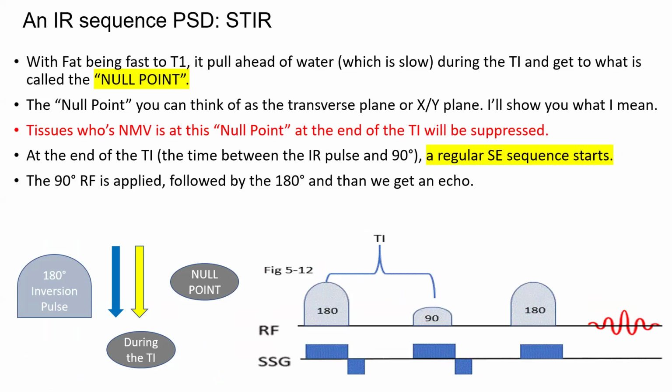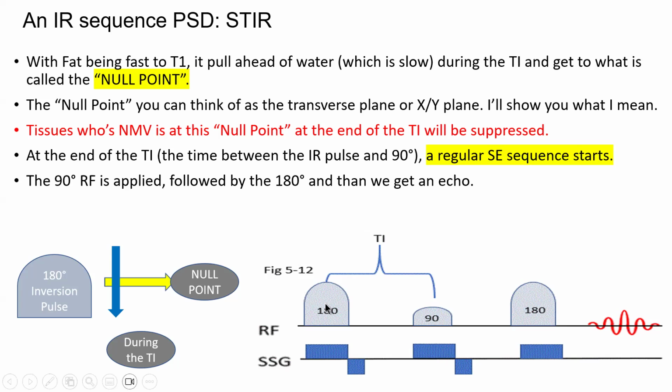Now, watch these blue and yellow arrows here. So here's STIR, short time inversion recovery. We want tissues to get to the null point, so we're going to knock everybody down. During the TI, fat is going to T1 relax because fat is fast. During the TI, water basically doesn't do anything. It just stays put. Then the 90 comes in.